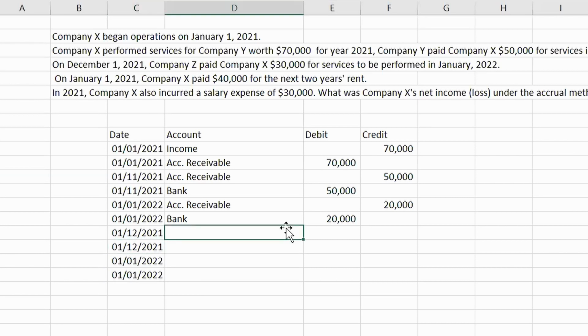So the first register is company C pays company X 30,000. So bank, income? Okay, bank, perfect, bank, debit, and everybody's telling me income. Do you remember the accrual basis of accounting? What's the first question you have to ask?